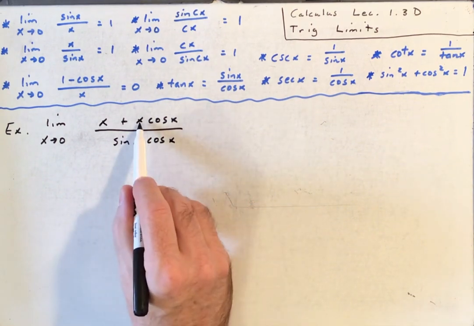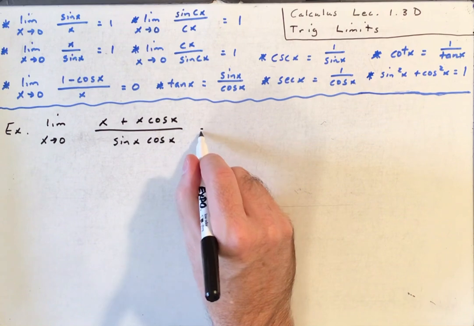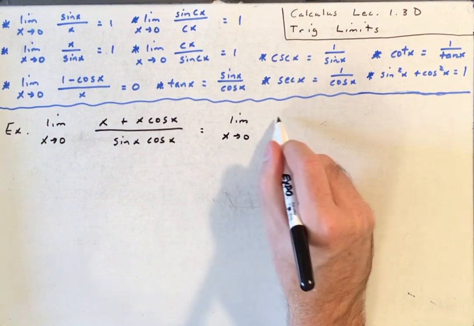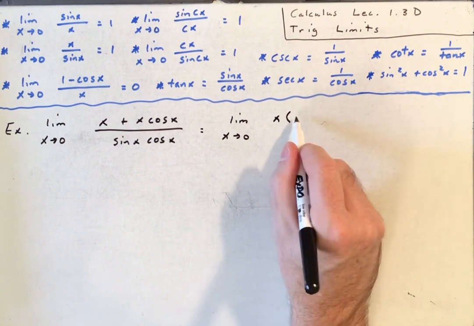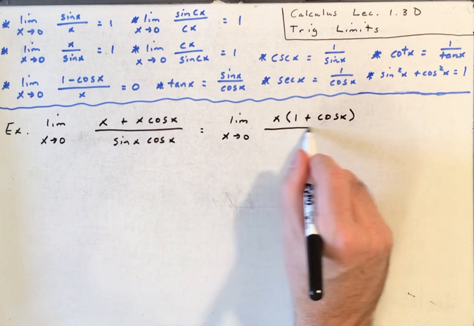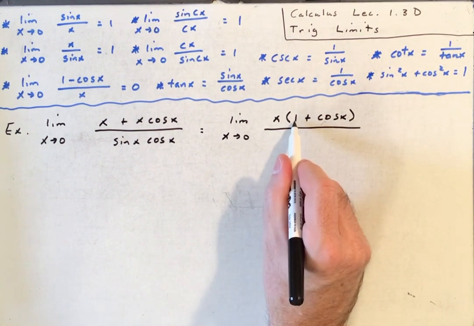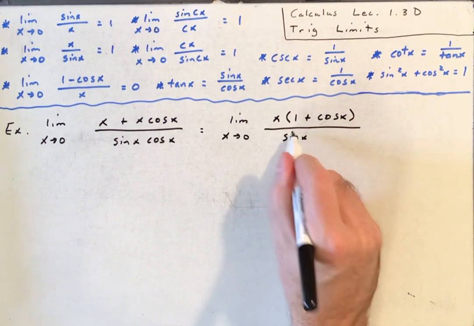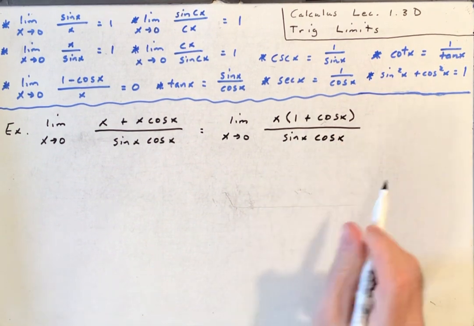And I hope you could see that you could factor an x out of the top, and that might be really useful. So let's factor an x out, and then you'd have 1 plus cosine x. Right? If you're not sure you did that right, just distribute the x, and you get x plus x cosine x over sine x cosine x.